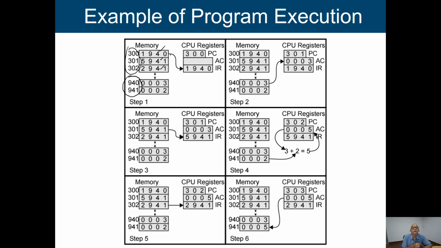Now we have to interpret these particular values. Secondly, here I can give you some information. We are having 3 instructions. This is the first instruction, this is the second instruction, and this one is the third instruction.